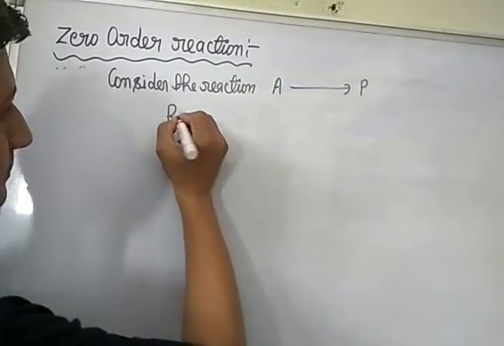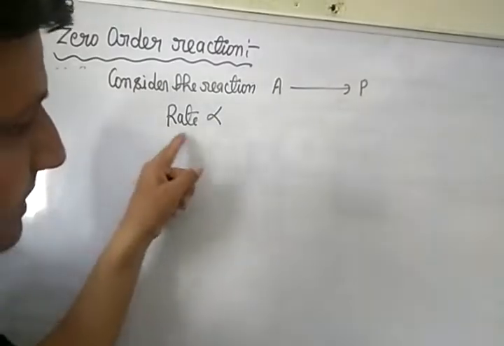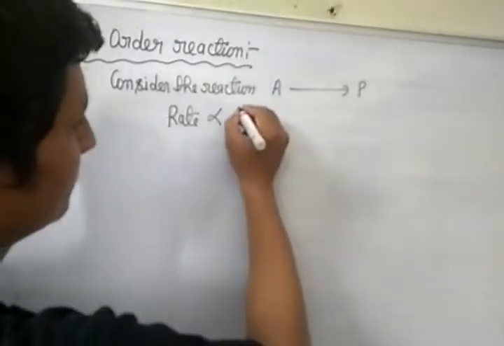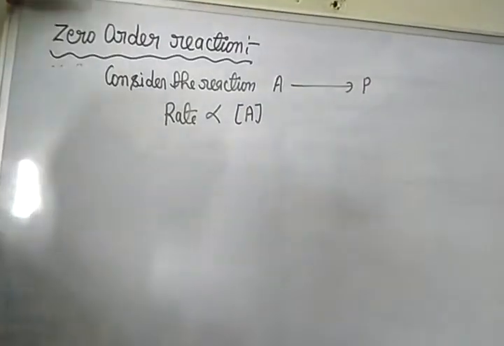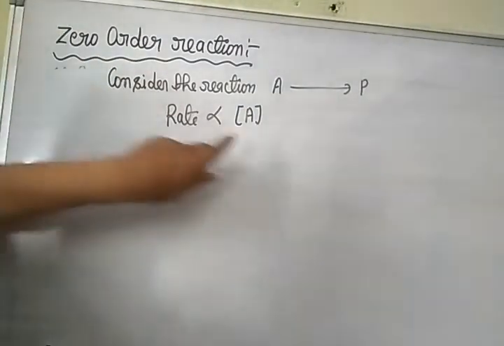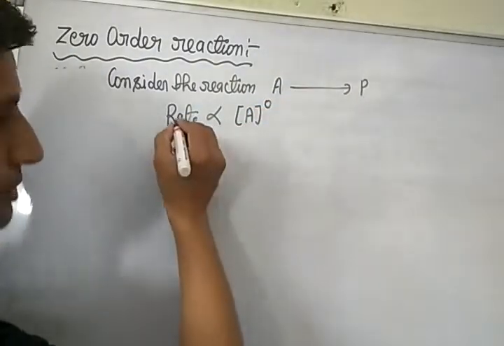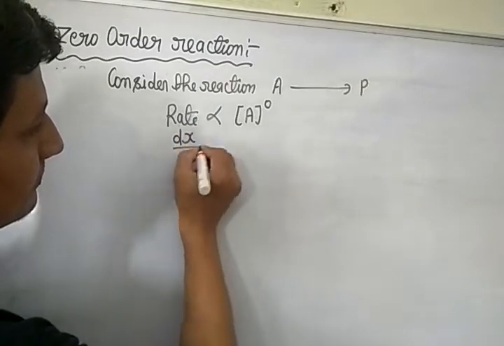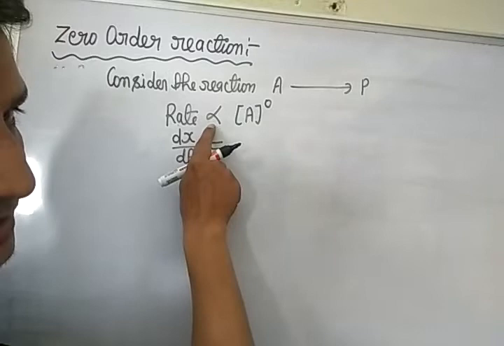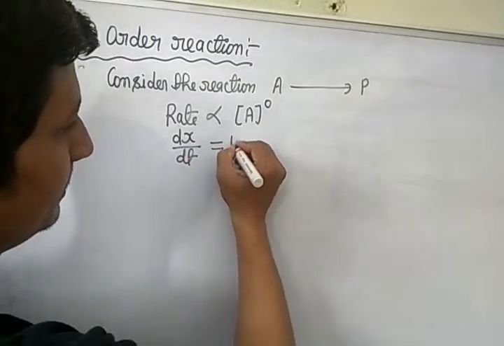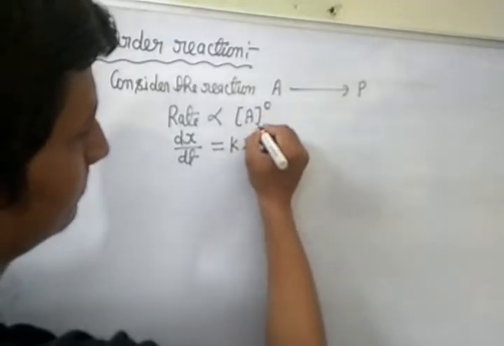We know that rate is directly proportional to the initial concentration. Here the order of reaction is 0, so we have to take power 0. Rate is denoted by dx upon dt, and when we remove the directly proportional sign we get constant k, and the value of a to the power 0 is 1.